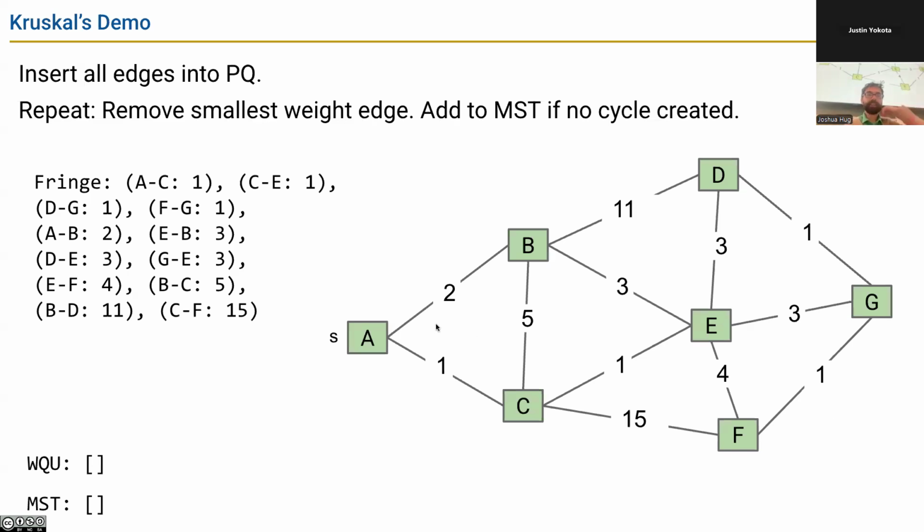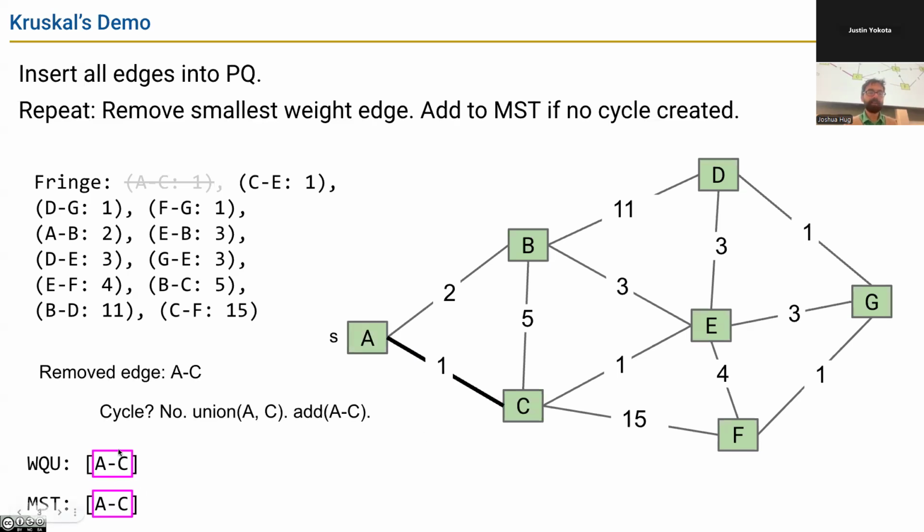Here's a slightly different version where I step through the edges in increasing order of weight, and this time we use a weighted quick union to look out for cycles. When we check A and C, are these connected yet? Is there a cycle involving these? No, so we add it to the minimum spanning tree and also connect them in the weighted quick union object.